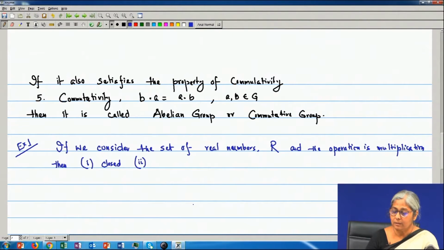With real numbers, the associative property also holds, because the final result is a real number, that is also an element of R. So, this is associative.